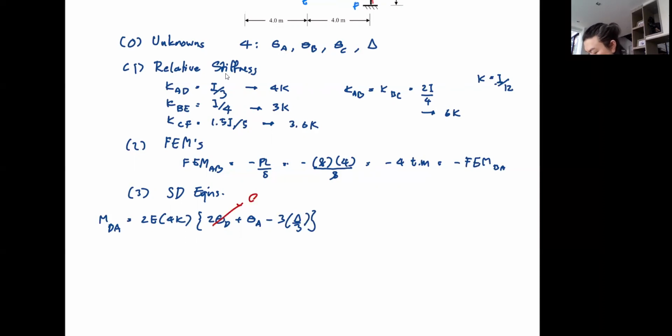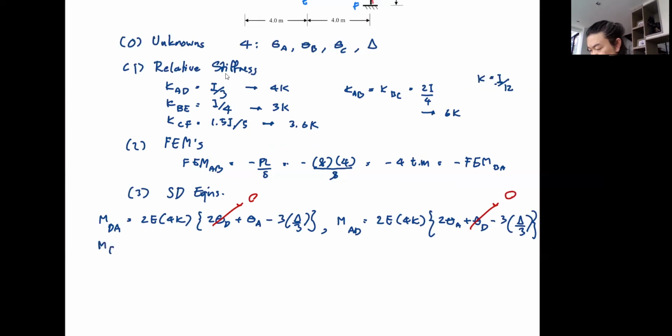Now we move on to AD. That's again 2E and 4K. Now we have 2 theta A plus theta D, minus 3 psi. Okay, and again, theta D is 0. Pretty simple stuff now.